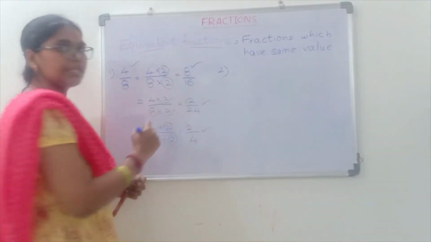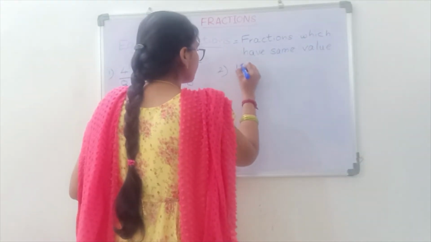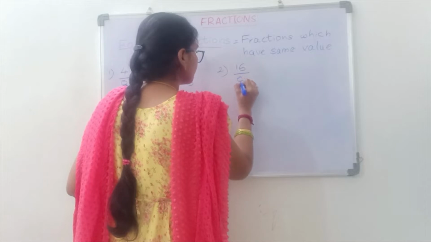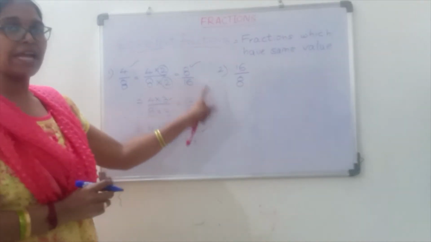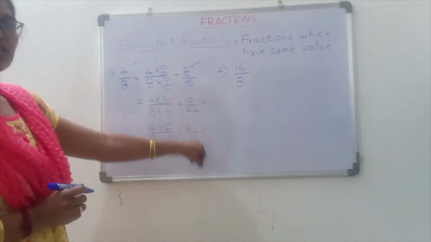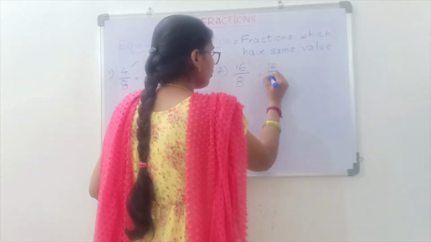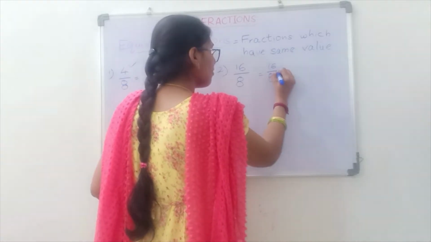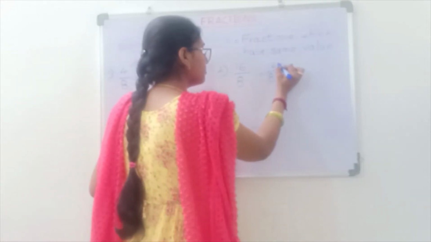Let us consider another example. Given fraction is 16 by 8. How to find equivalent fraction for this fraction 16 by 8? Write it as it is and then multiply both numerator and denominator by the same number.